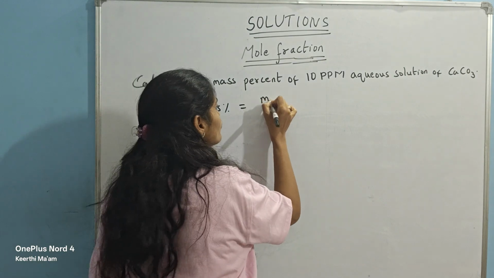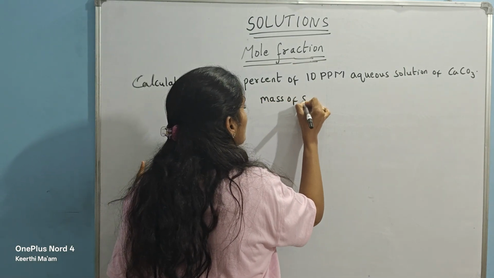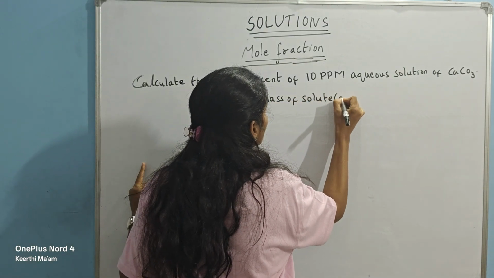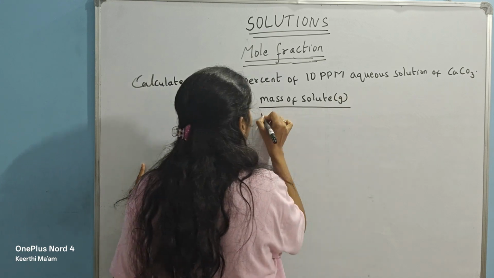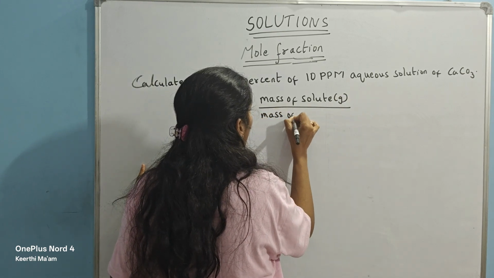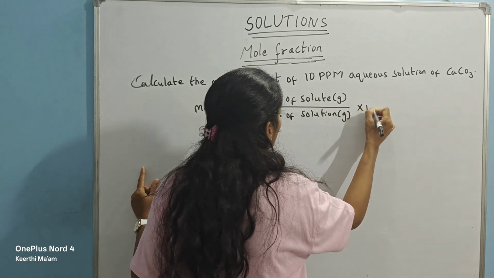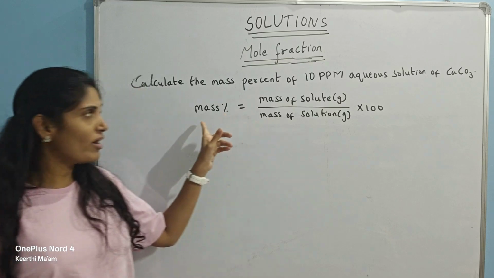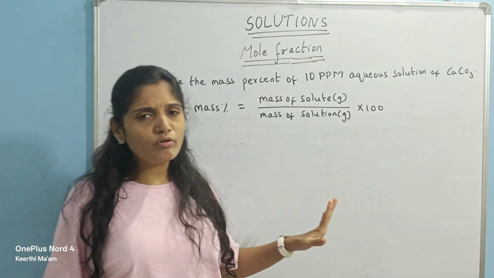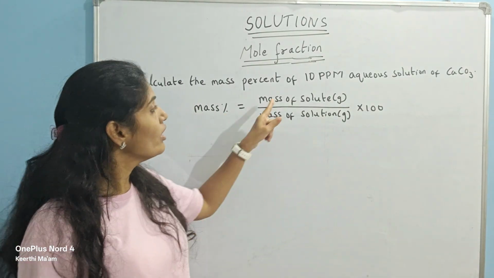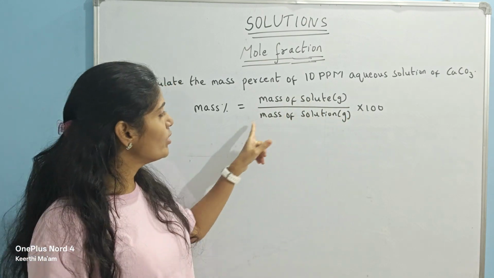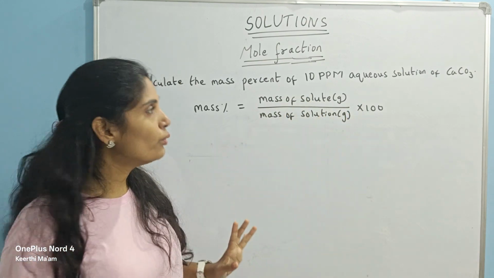We already have seen this formula in the previous concentration terms: mass of solute in grams divided by mass of solution in grams, into 100.